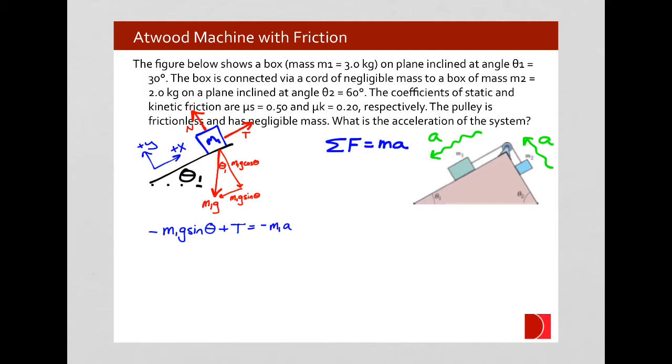We can do the exact same thing for the second block. We again have gravity acting on it. We again have different components.